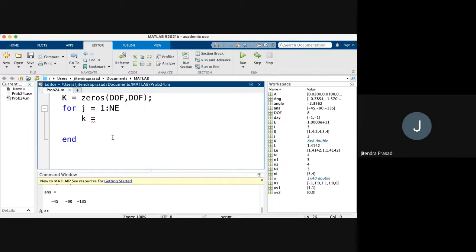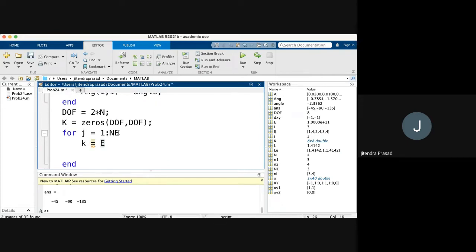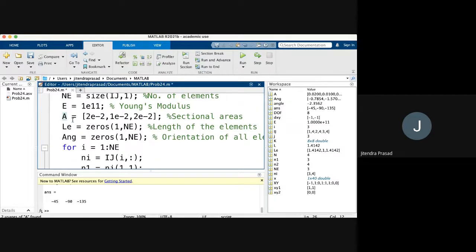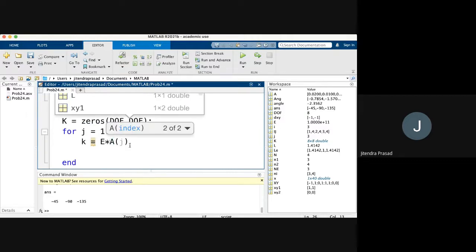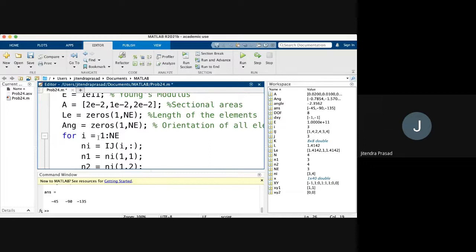K is equal to, we know E, then A, the area, which is given, so we can write A, the jth one, divided by the length.